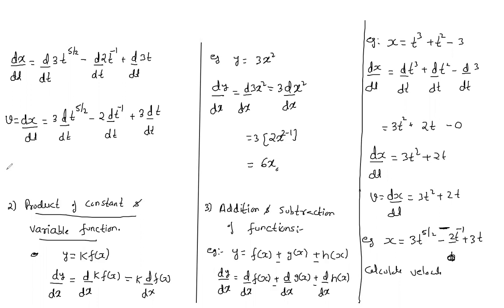So you can write this as v is 3 times the derivative of t to the power 5 by 2, which is 5 by 2 t to the power 5 by 2 minus 1, minus 2 times the derivative of t to the power minus 1, which is minus 1 times t to the power minus 2, plus 3 times the derivative of t to the power 1, which is 1 into t to the power 1 minus 1.